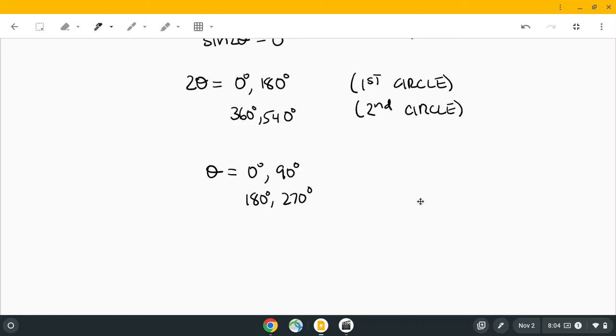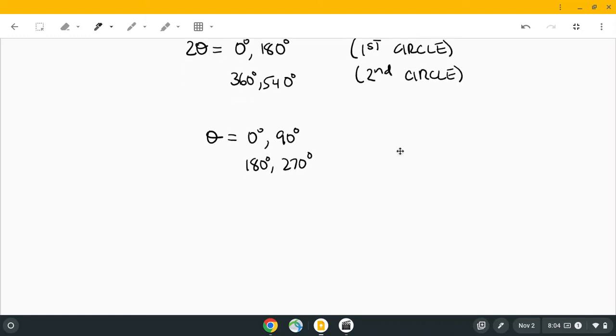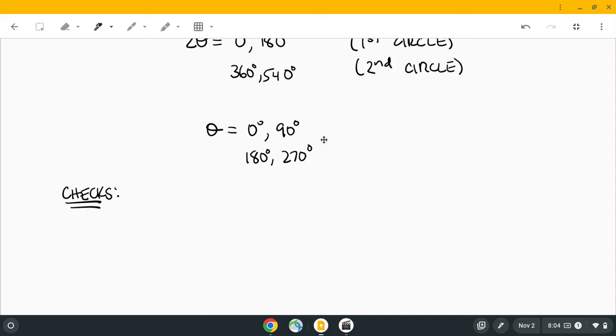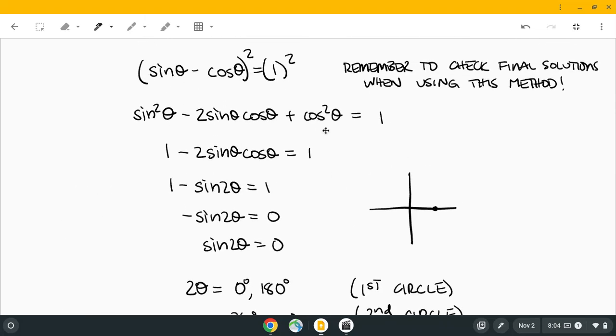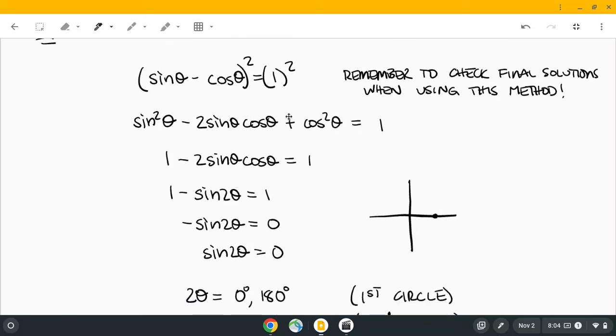Okay, so we have to check these. Okay, we have these 4 answers. So let's do our checks. All right, so the original equation. Okay, so sine theta minus cosine theta equals 1.